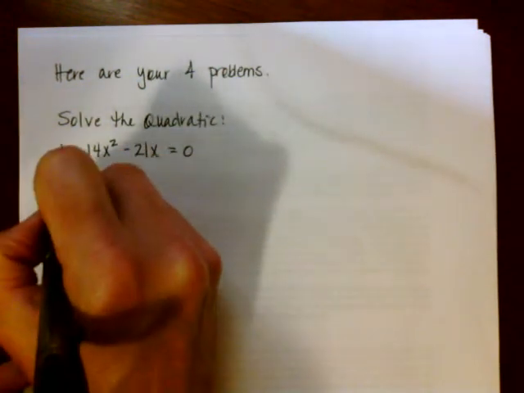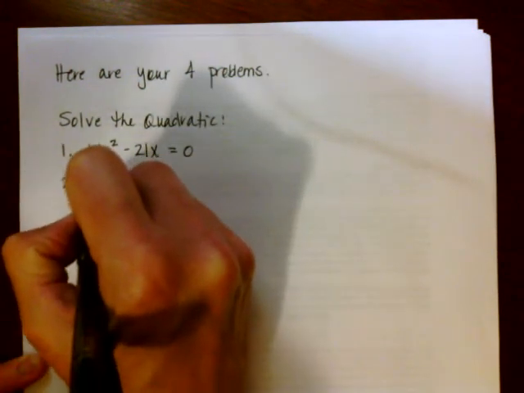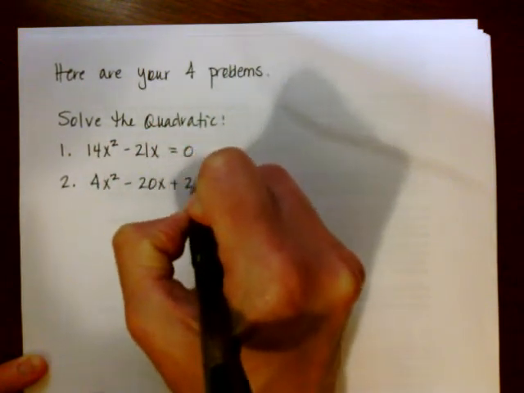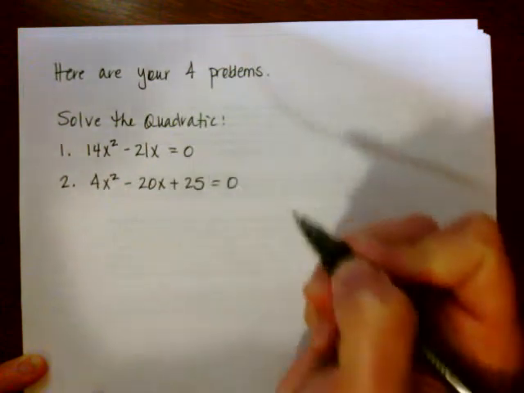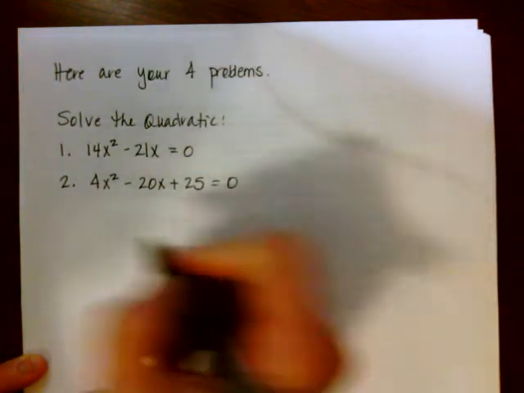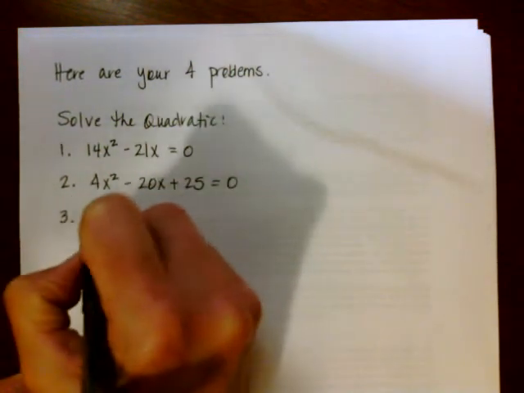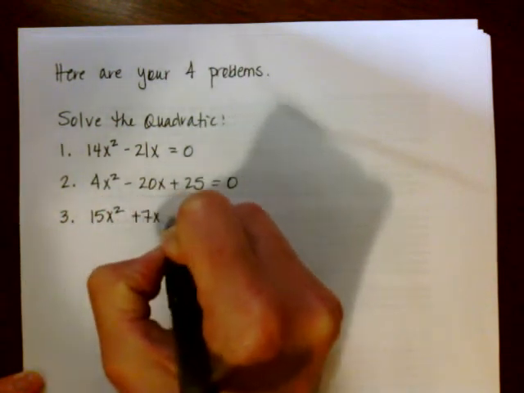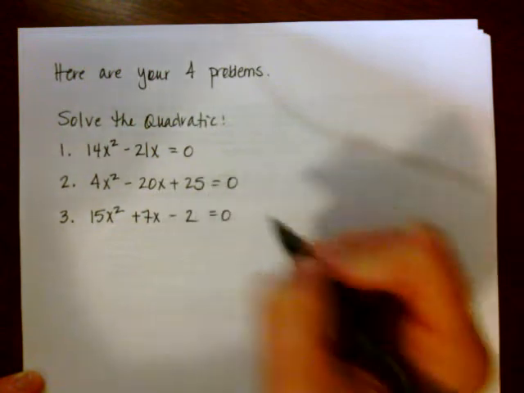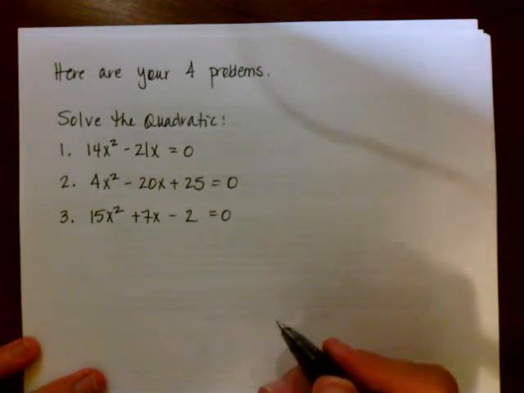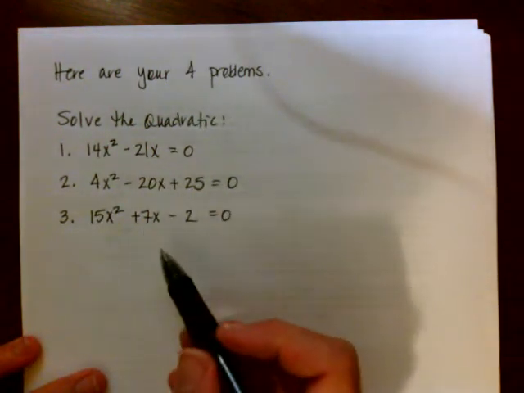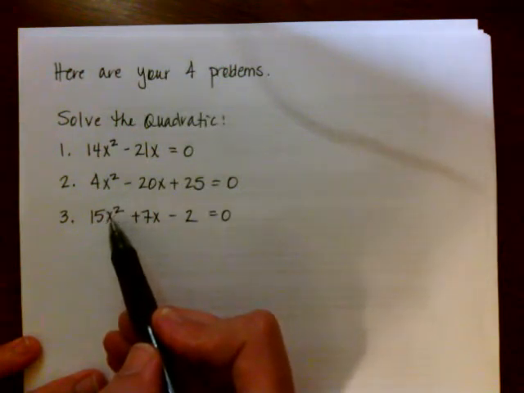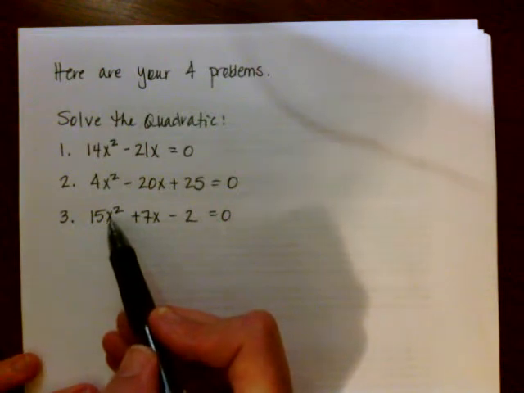Number 2 is 4x squared minus 20x plus 25 is equal to 0. Number 3 is 15x squared plus 7x minus 2 is equal to 0. So you will want to solve those 3 quadratics. Remember that they are second degree polynomials, so they will all have 2 solutions.